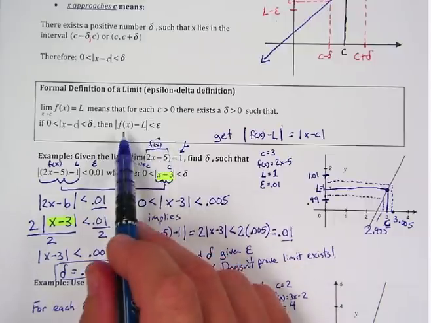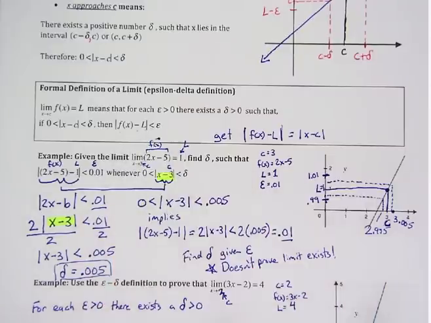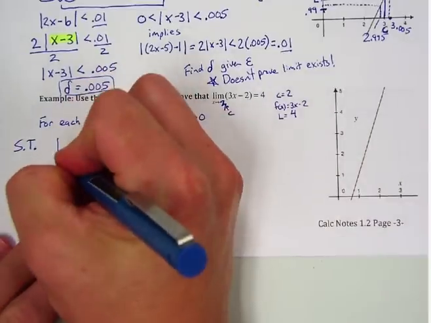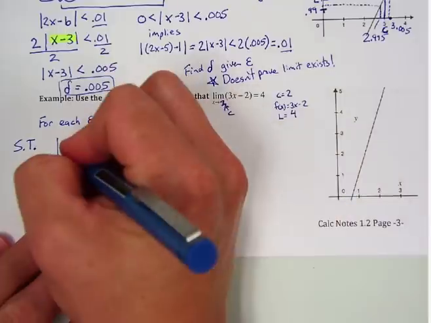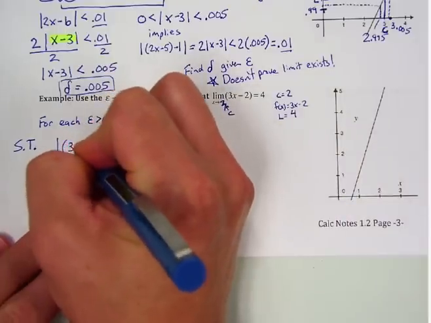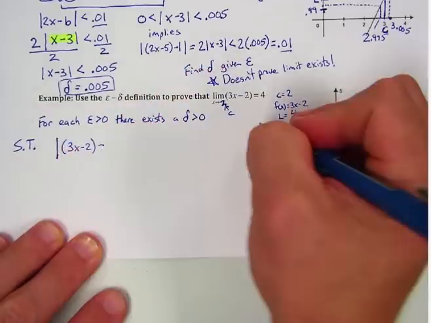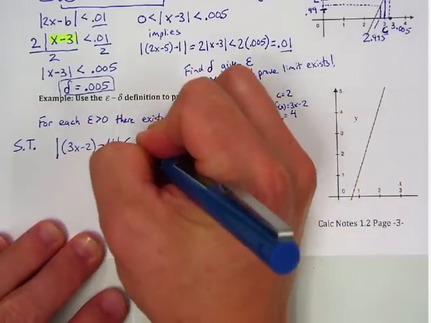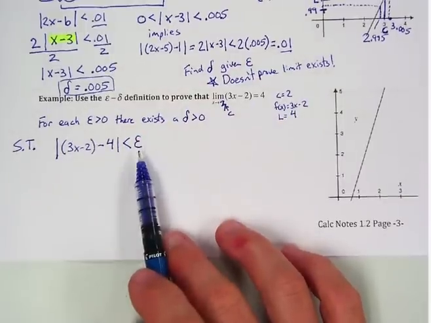So we're going to write the absolute value of f of x minus L is less than epsilon. And we're going to plug in everything we know. So the absolute value of f of x, which is 3x minus 2, minus L, which is 4, is going to be less than epsilon. We're just going to leave that epsilon to represent anything.